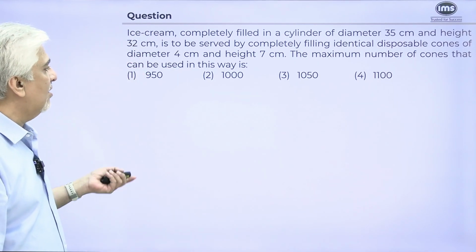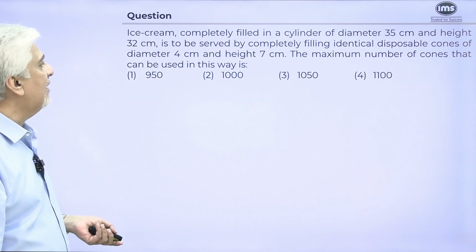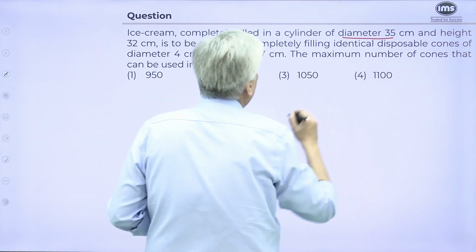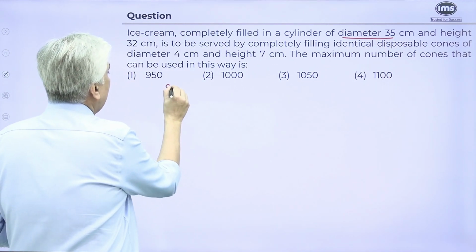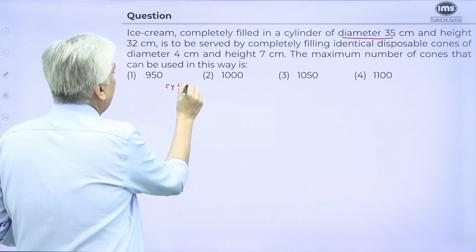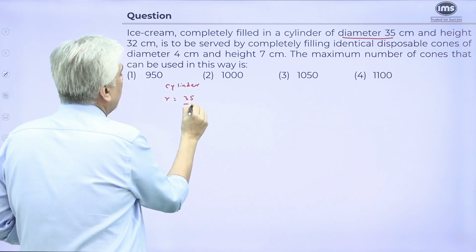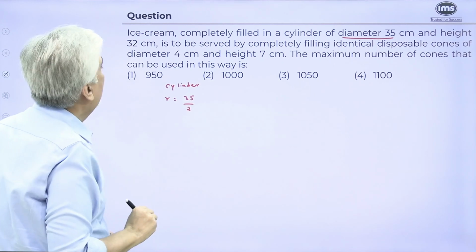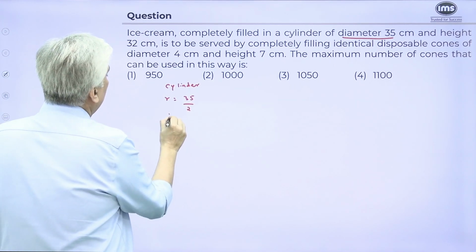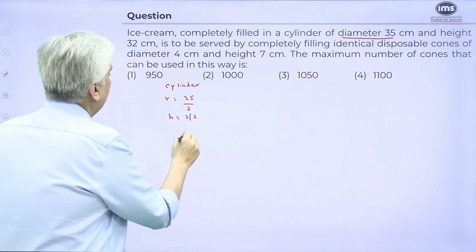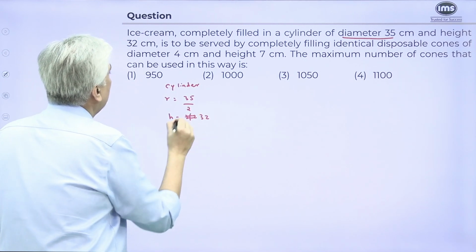Geometry and straightforward mensuration. Ice cream completely filled in a cylinder of diameter 35. So let's look at the cylinder. Cylinder diameter is 35, so radius is 35 upon 2, and the height is 32.